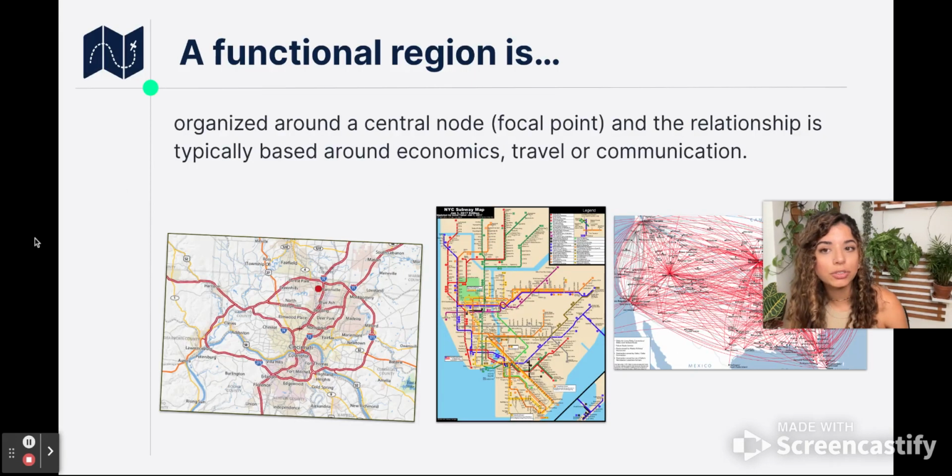Then we have functional regions. These are organized around a central node or a focal point, and the relationship is typically based around either economics, travel, or communication. One of the best ways to remember this, I think, has to do with things that are tied together to a central place.